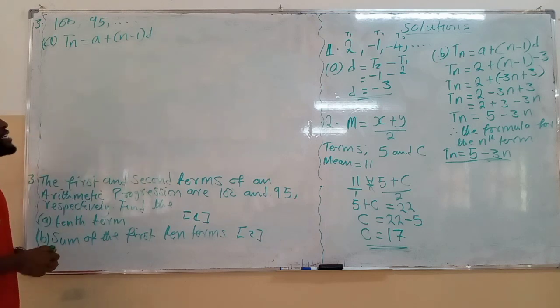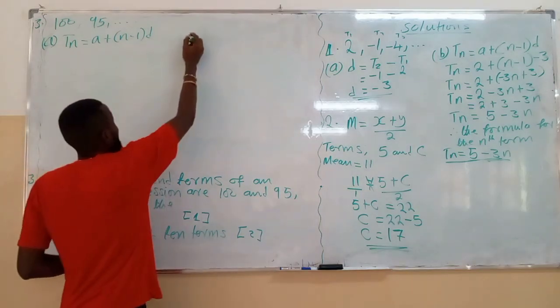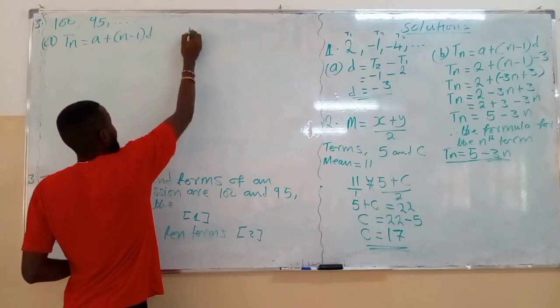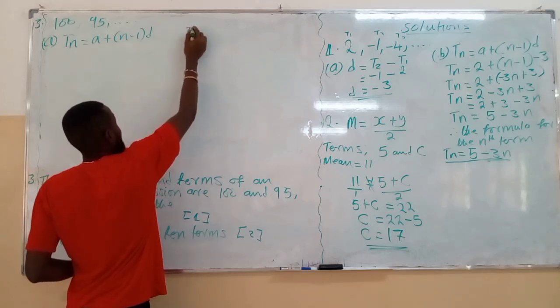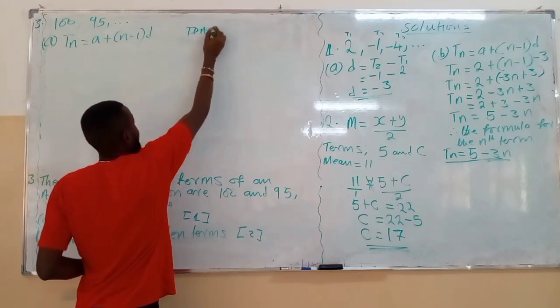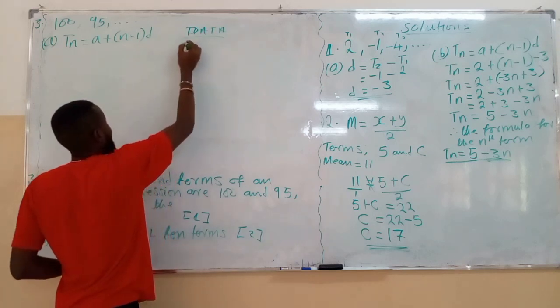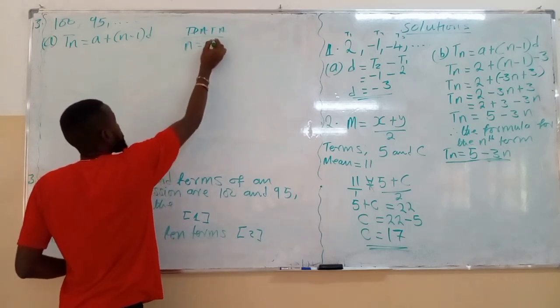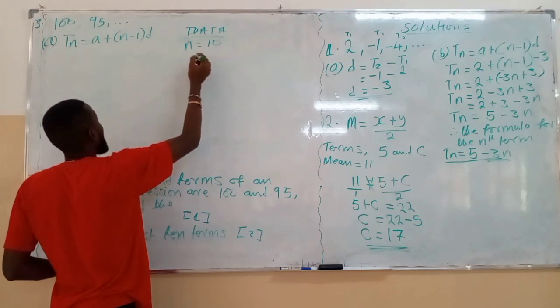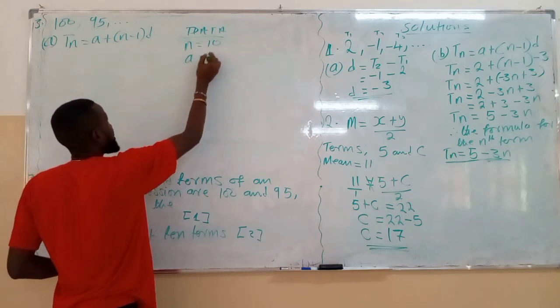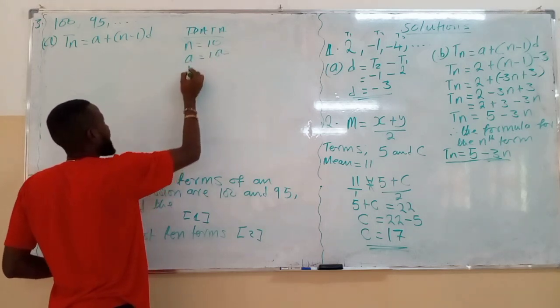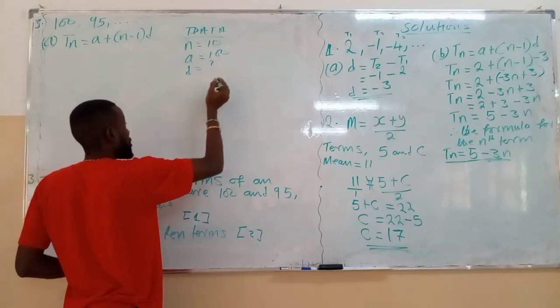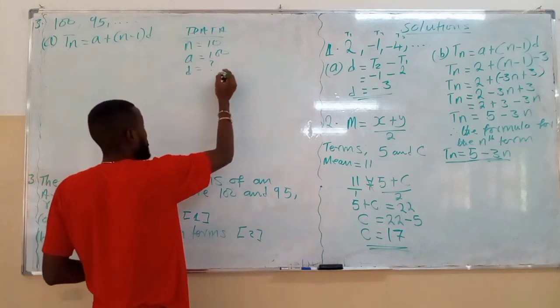I don't know. So I need to find the common difference. If you want to make your life easy, write the data here. What is my a? My n is equal to 10. My first term is equal to 100, and what is my d? My d is unknown, so I need to work out the common difference.